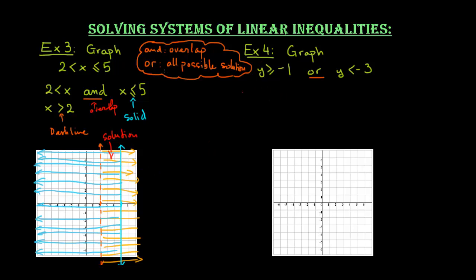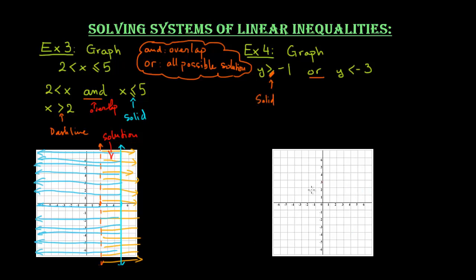Now let's see what's the difference between example 3 and example 4. In example 4, they already set it up for you. You have two separate inequalities. Now we just need to jump in and graph them. So first one, you have less than equal to. With this equal sign, we will have a solid line.